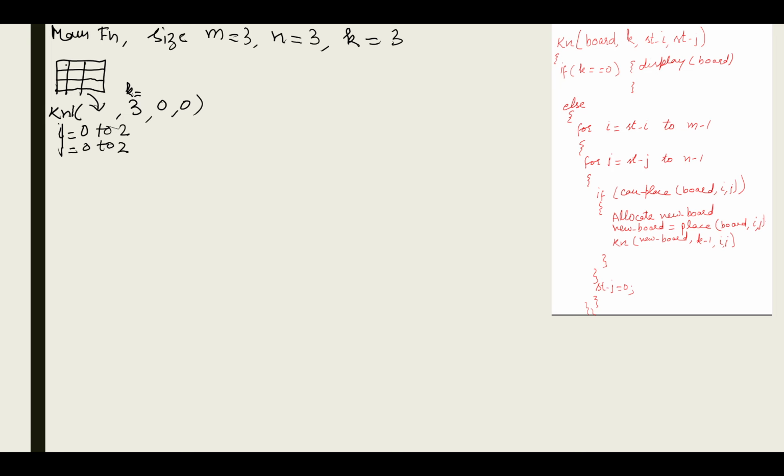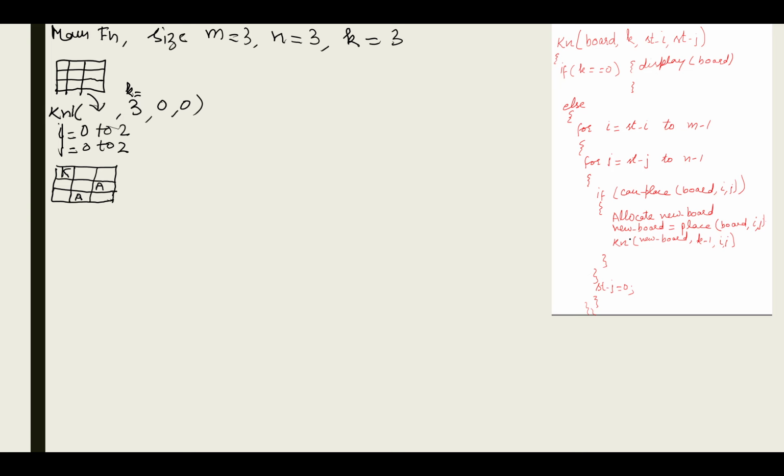We can place the knight, we allocate the new board, and a new board will be created. Whenever the new board is created, we call the place function because we can place it. So we have placed one knight here. Inside the place function we also mark the attacking positions. So the knight is placed and all the attacking positions are marked.